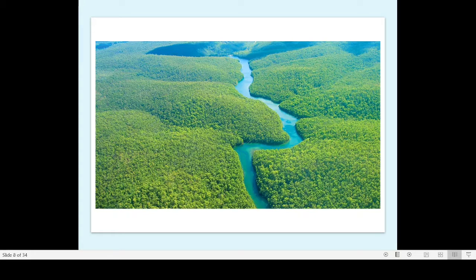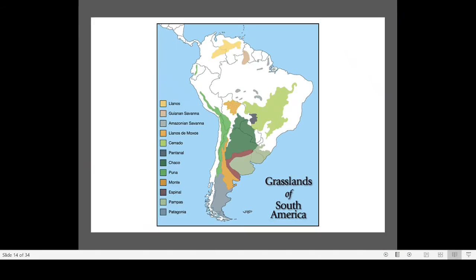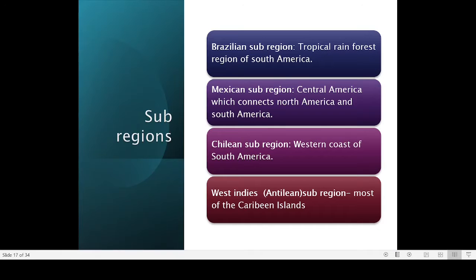That feeling he got by studying the animals in the Brazilian forest. So that is the importance of Brazil in evolution and also in zoogeography. So Brazil is an important part of this Neotropical realm.